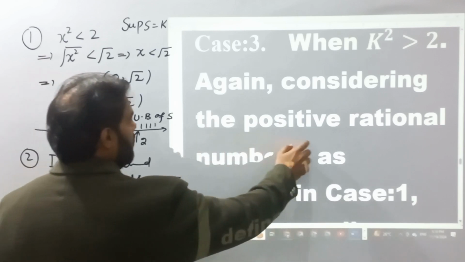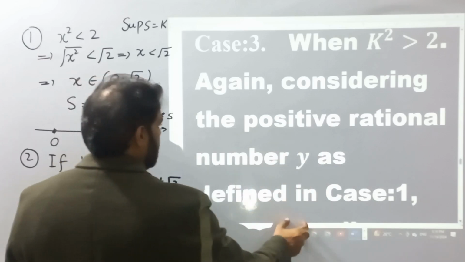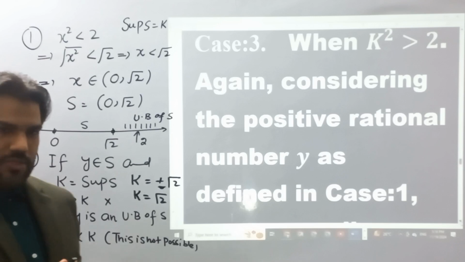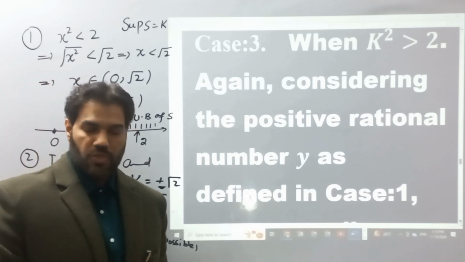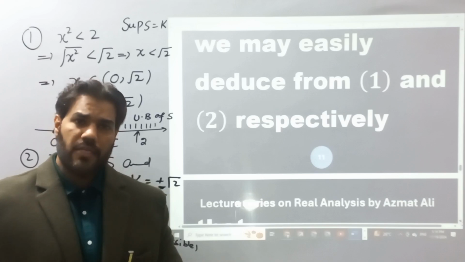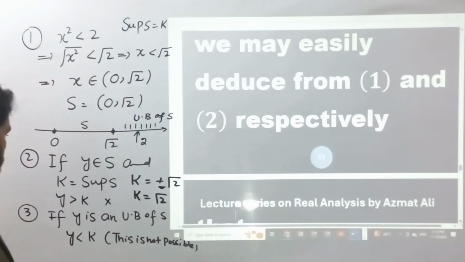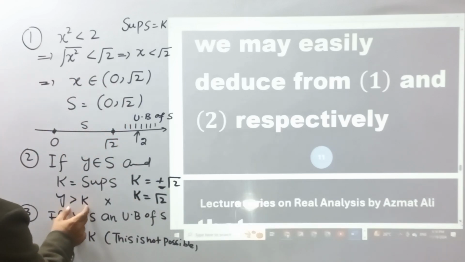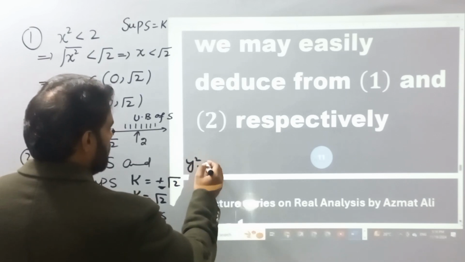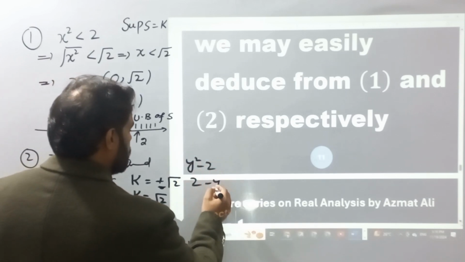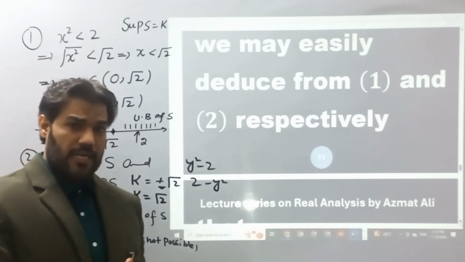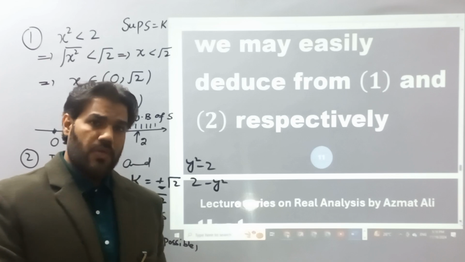Again, considering the positive rational number y as defined in case number 1, we choose the same rational number y equal to (4 plus 3k) over (3 plus 2k), and again calculate the difference y minus k and the difference y square minus 2, or 2 minus y square, by using the steps that we used in case number 1.